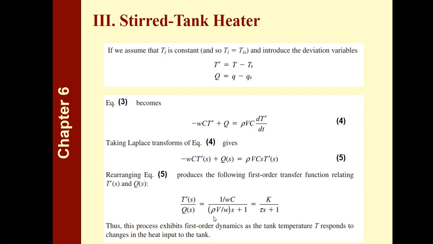So, if rho V over W is the tau, then your K will be 1 over WC. Or your K, the steady state gain, is the reciprocal of the product of the mass flow rate and the heat capacity of the fluid. The tau for the stirred tank heater is rho V divided by W. And that is for our stirred tank heater.